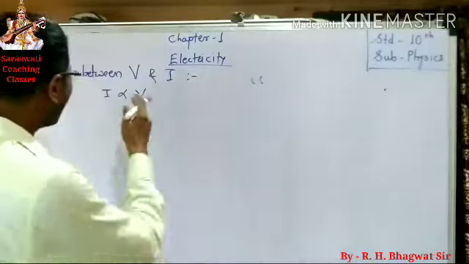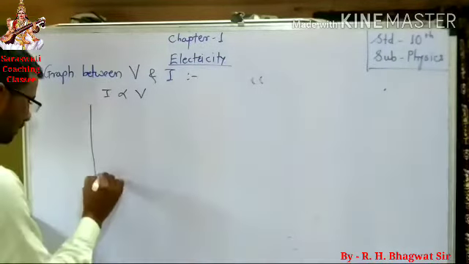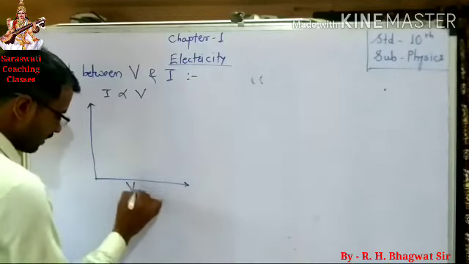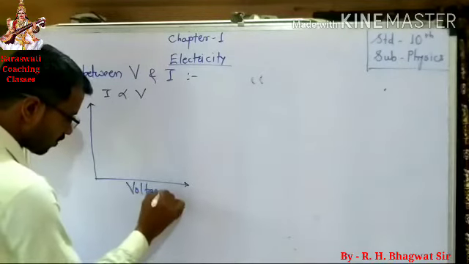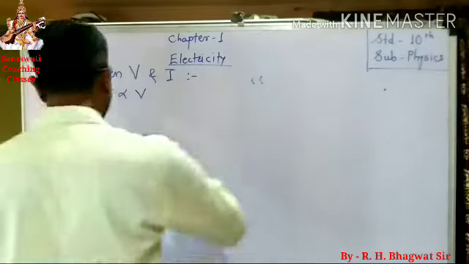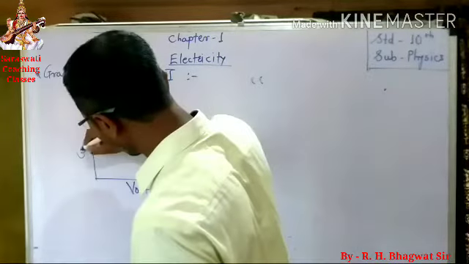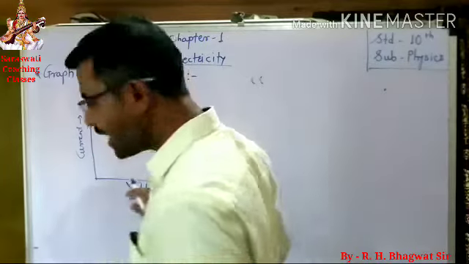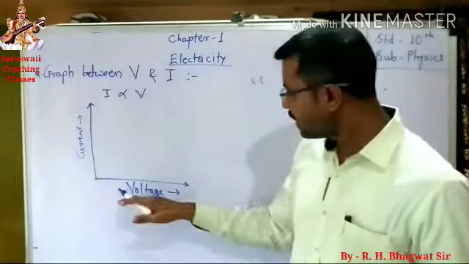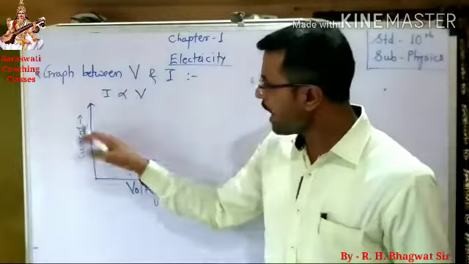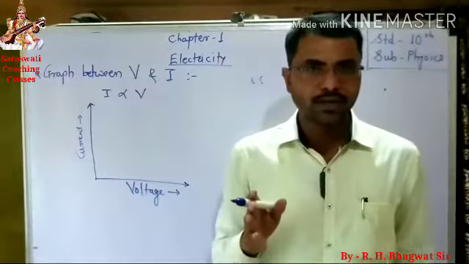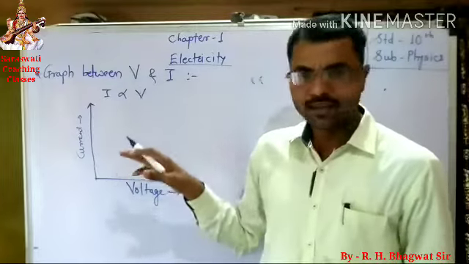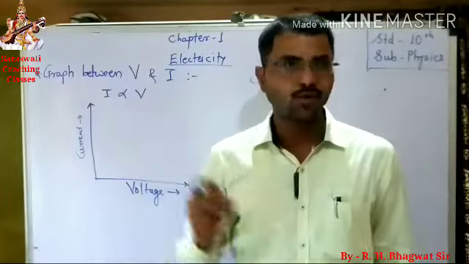When we plot it on a graph, let's consider on the x-axis there is voltage or potential difference, and on the y-axis there is current. On the x-axis we have to consider the independent quantity, while on the y-axis we have to consider the dependent quantity. Here we are going to change the voltage and the corresponding current changes flowing through that conductor.